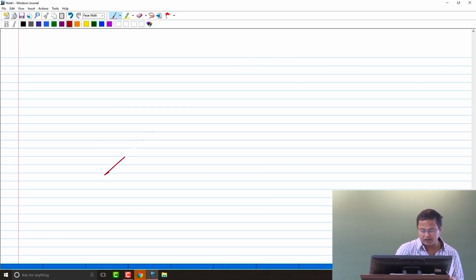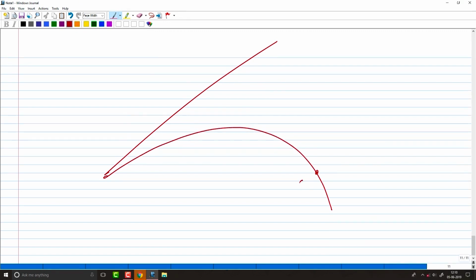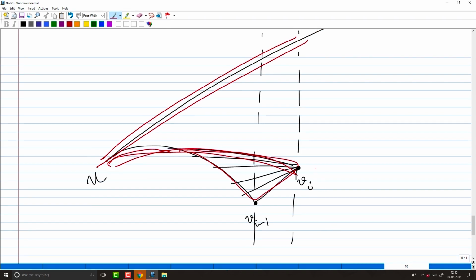It is the case where you really cannot draw such a diagram, where this was your V I minus 1 and this is your V I, and this goes above. In this case you cannot draw any diagonals back. Still it is X monotone, no? Monotonicity has not gone away, though there has been a change in the direction of the chain.